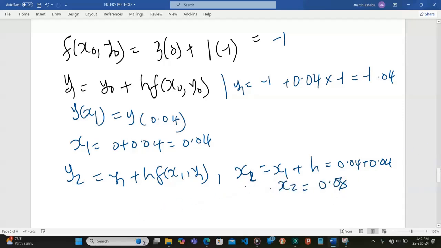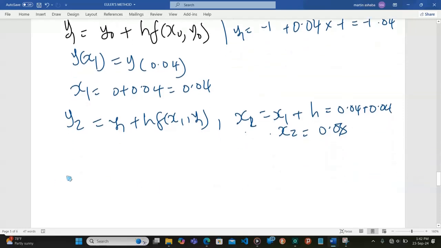So we are looking for y of 0.08 at this value of x, and this is going to be y1, which is known as -1.04 as calculated above, plus 0.04 times f(x1, y1).